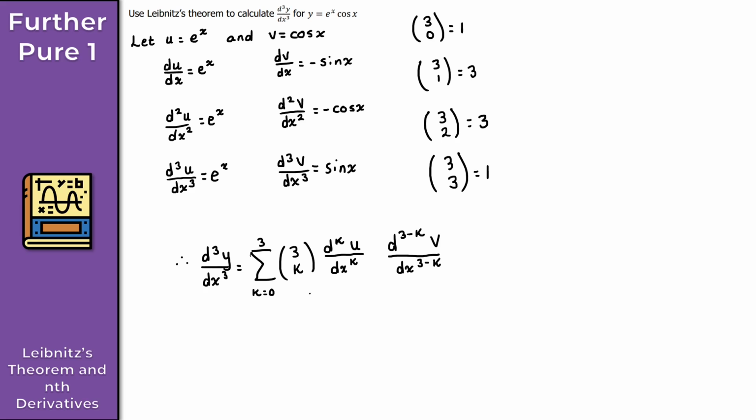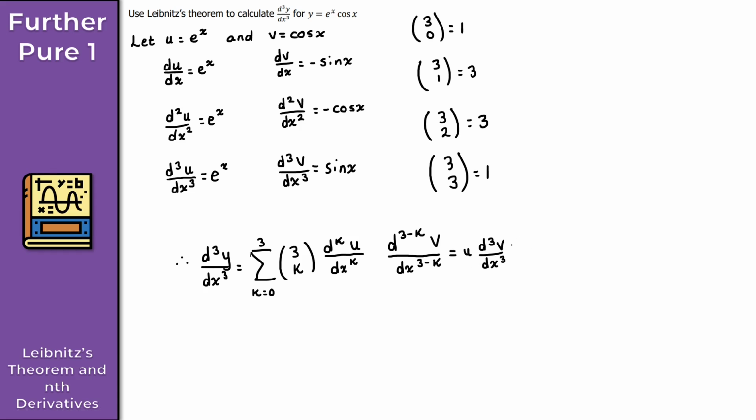So now we have everything that we need here to find the third derivative of y equals e to the x cosine x. If we continue here then, starting off we have 3 choose 0. So 3 choose 0 is 1. So what I get here then is 1 times u times the third derivative of v. So we get u times the third derivative of v, like so.